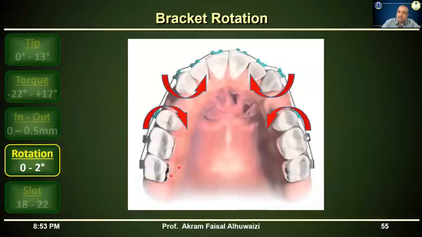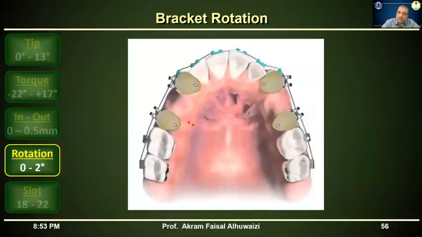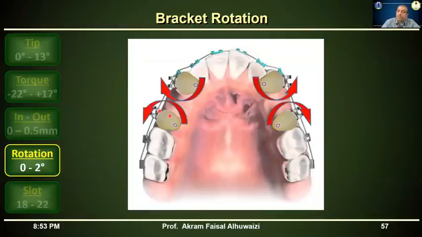Generally in extraction cases, if you retract, you get rotation of the canine in a distopalatal direction and rotation of the 5 in a mesiopalatal direction. To overcome that, if you place your brackets a little bit more distal for the canine and more mesial for the 5, you end up with a counter rotation.